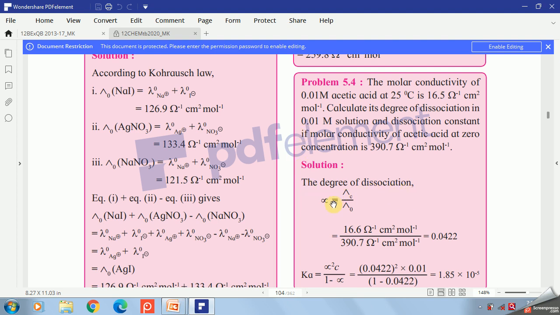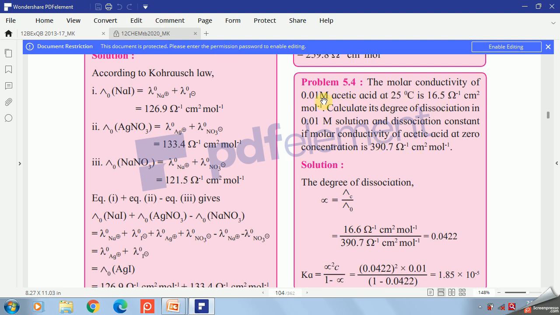So what is the degree of dissociation? Molar conductivity at the given concentration divided by molar conductivity at infinite dilution or at 0 concentration. These values are given.